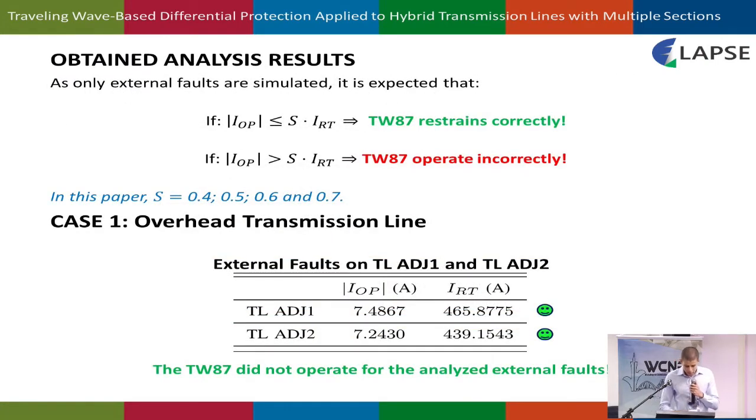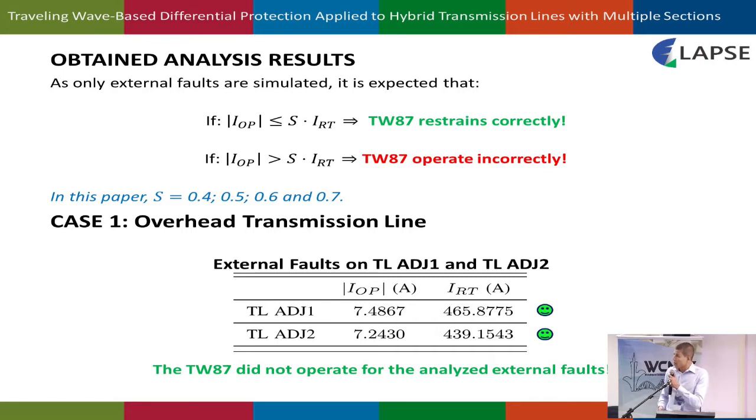Obtained analysis results: as only external faults are simulated in this paper, it is expected that if IOP is less than slope multiplied by IRT, the TW87 is restrained correctly. But if IOP is more than slope multiplied by IRT, TW87 operates incorrectly. In this paper, slope S equals 0.4, 0.5, 0.6, and 0.7. Well, let's go to results.